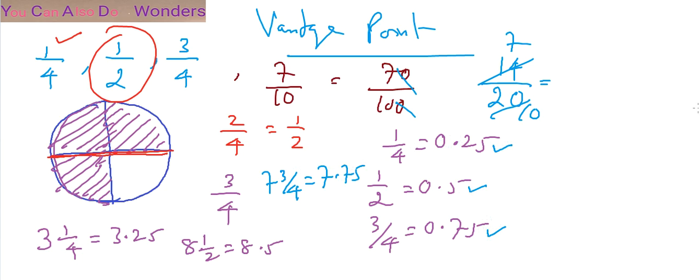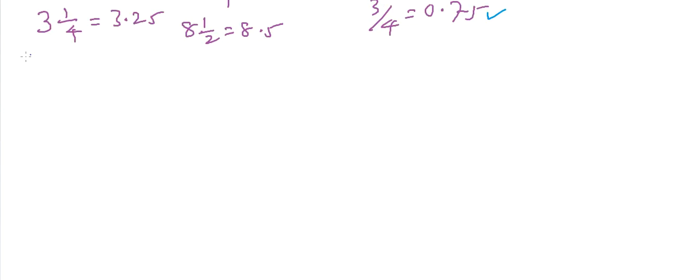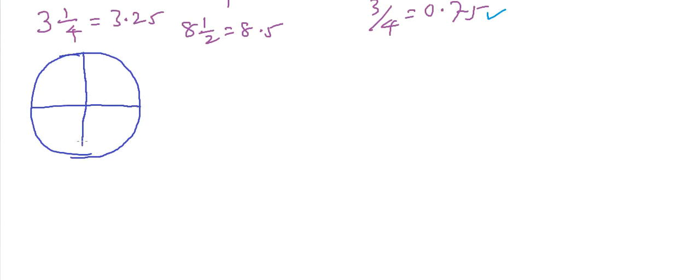Let's take the same example for this cake. Let's divide this into 8 equal parts. See, now we have 8 parts.